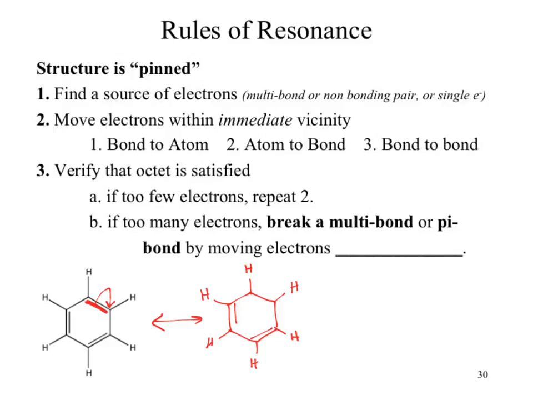So that carbon has an extra electron. How would I show that in my drawing? Why a lone pair? You only said one extra electron. The bond moved 2 electrons. One of those electrons came from our original carbon, the other one came from the other carbon. So that's why we have a lone pair now on that carbon.